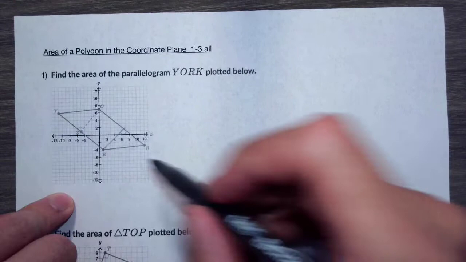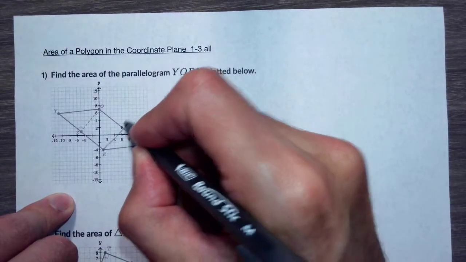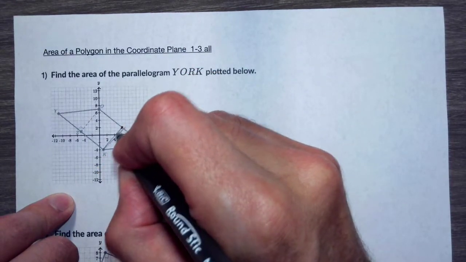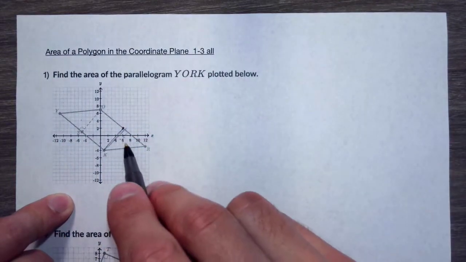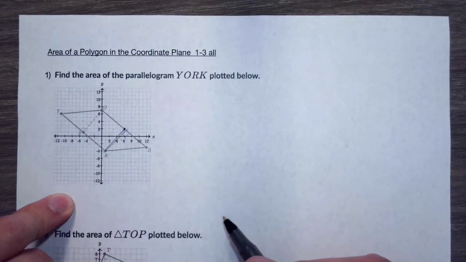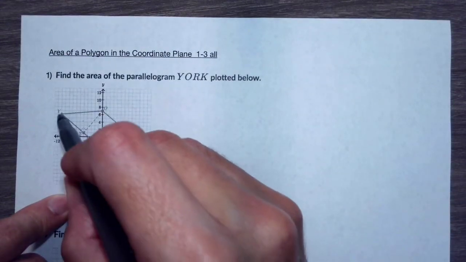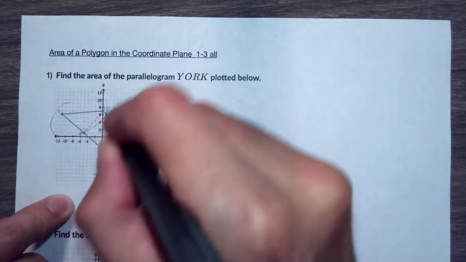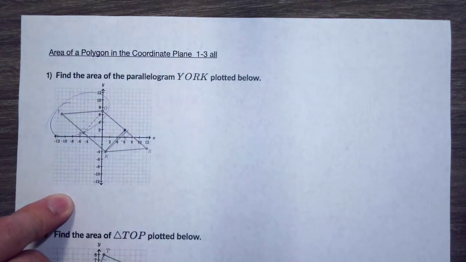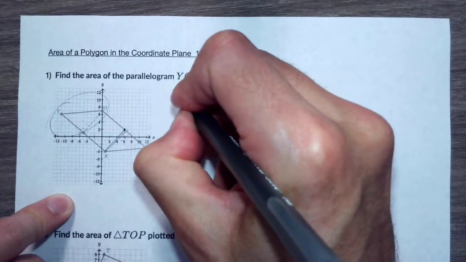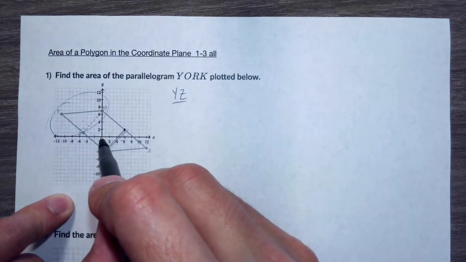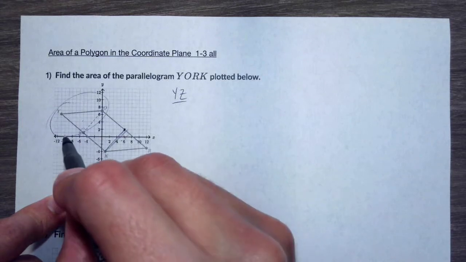Let's look at this. It looks like, since this is a parallelogram, I think these areas would be the same. They would have to be. So maybe we don't have to find that area, really. All right, so the first thing that I want to find is the area of this triangle right here. So I'm going to need YZ, and I'll just write down those coordinates right now.